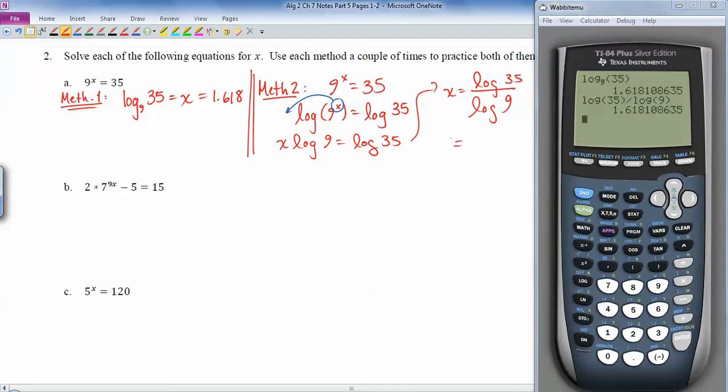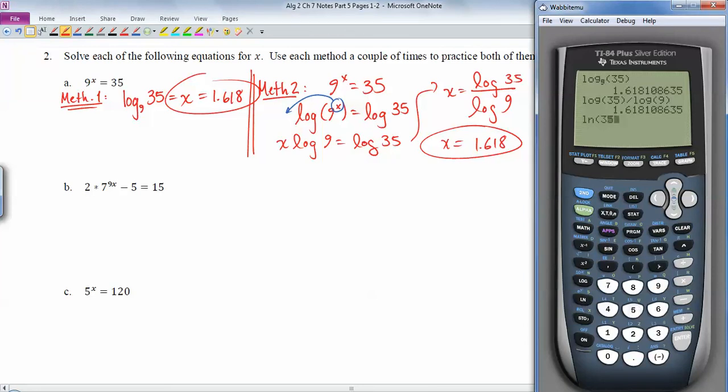X equals 1.618 right there. Now, it turns out it doesn't matter what base the log is that you're using when you take the log of both sides. I could have used ln. If I used ln of 35 divided by ln of 9, natural log, same deal, right? 1.618.